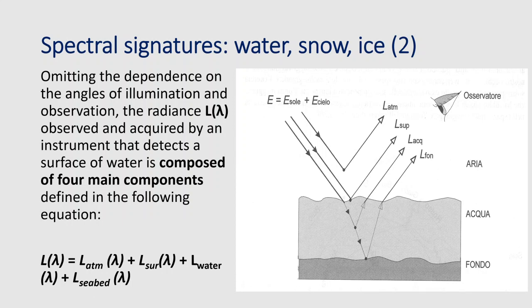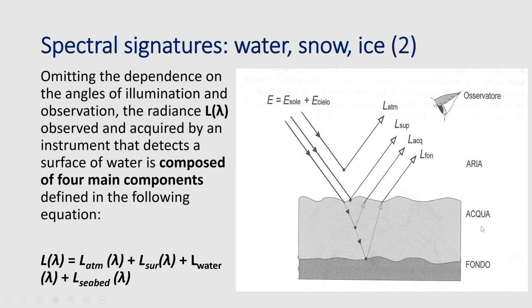So, when we are registering and recording these quantities, we need to take into consideration these three components that are in Italian actually in this figure, that are aria, that means air, acqua, water, and fondo, this is the seabed.